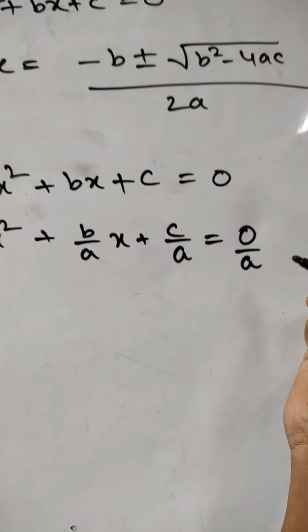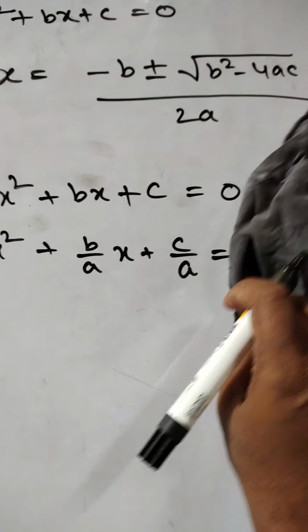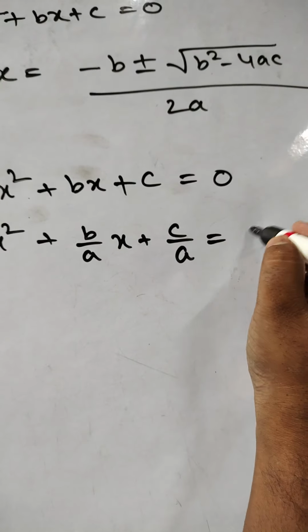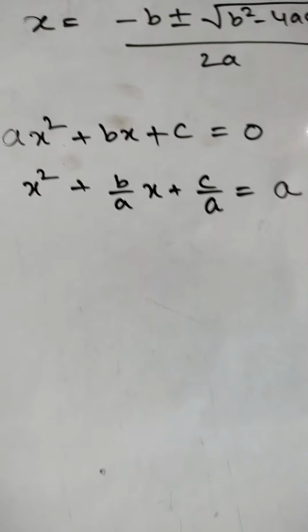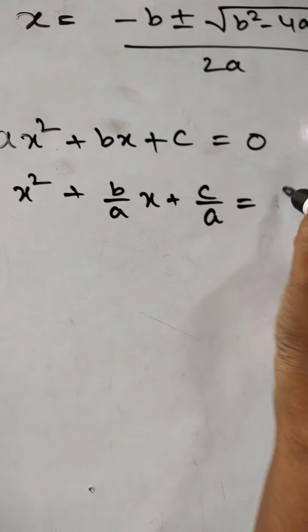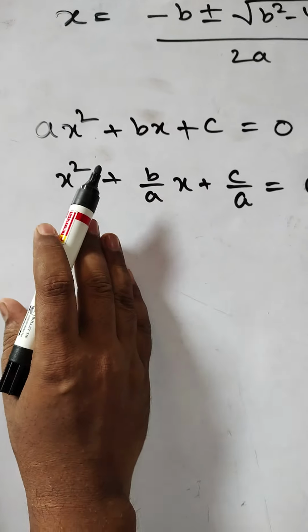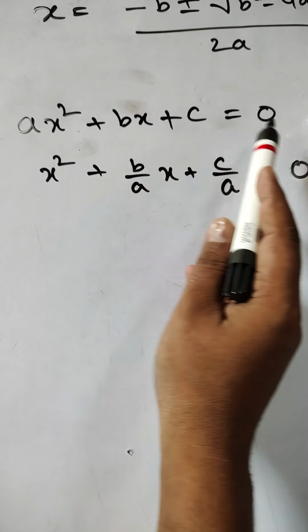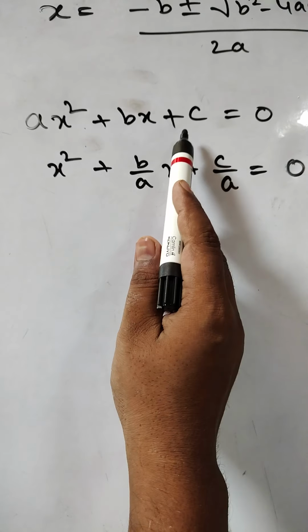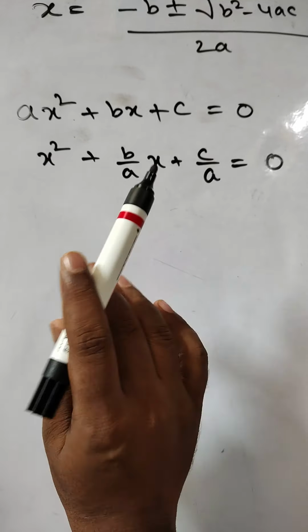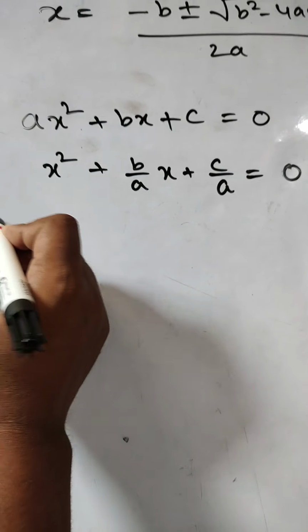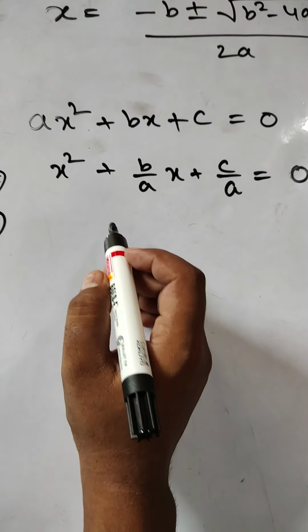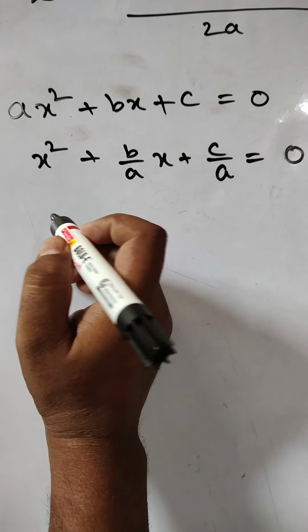So 0 by a would be 0, so no need to write 0 by a, I am simply writing 0. Actually a divides each and every term, so it is possible to divide each and every term, and it will not harm the rule also. Okay.